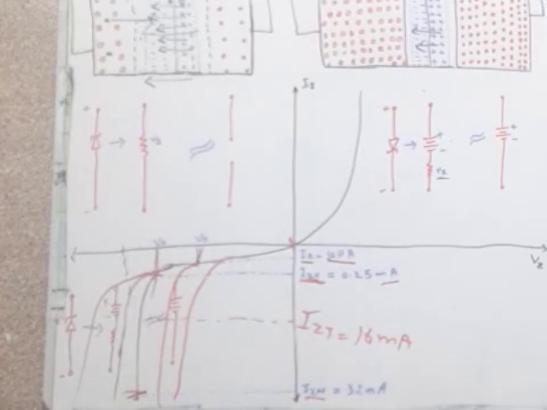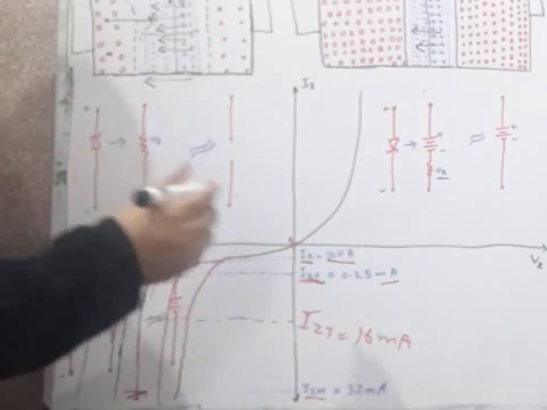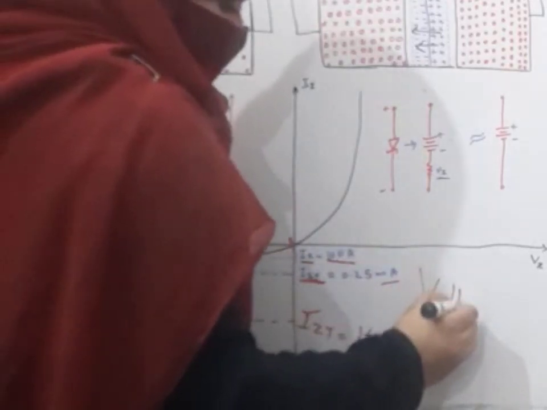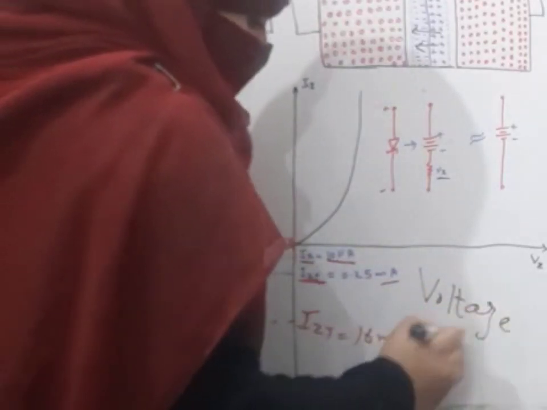If we want to maintain 10 volt and our battery is not providing 10 volt, but rather 10.2, 10.3, 10.1, 10, 9.8, then when the Zener diode is applied, it will maintain the voltage level at a specific point. Then we will have 10 volt, and that's why the Zener diode is used as a voltage regulator.